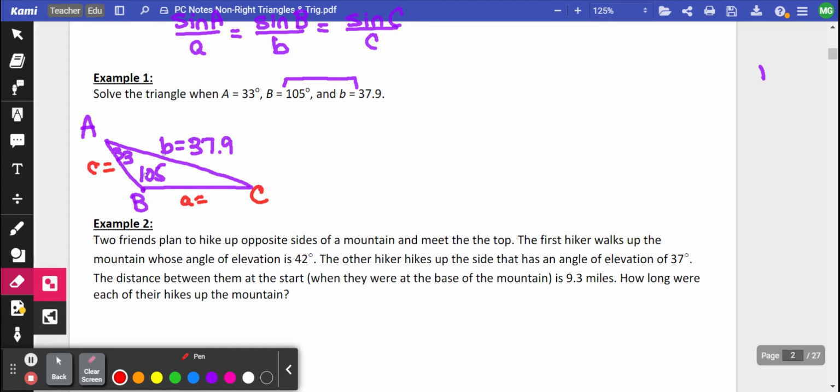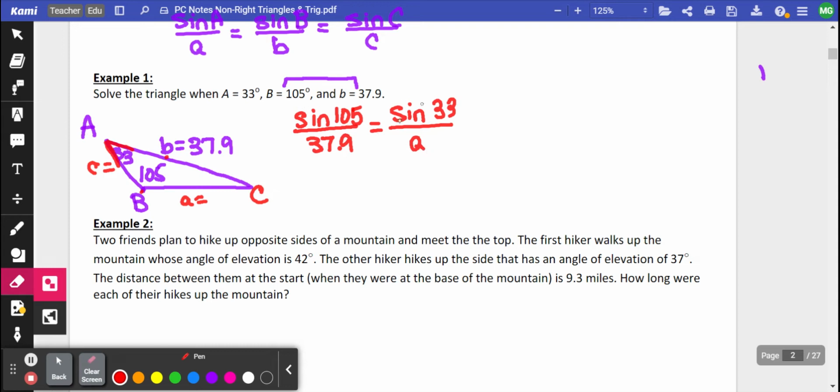What I always like to start with is the angle and the side that's opposite it. So the sine of 105 is to 37.9 as, and now the only other thing that we've been given is the 33-degree angle, so the sine of 33 is to, now remember that's angle A, is to A. Now we're going to solve this proportion.